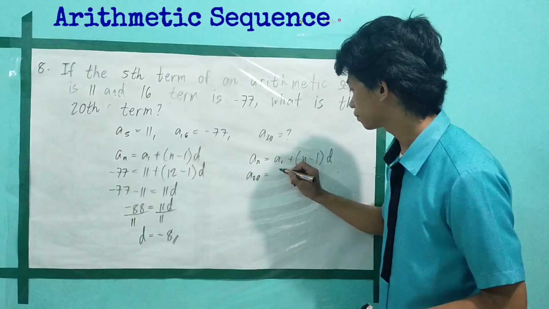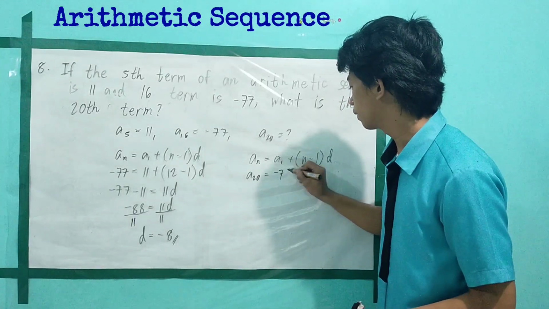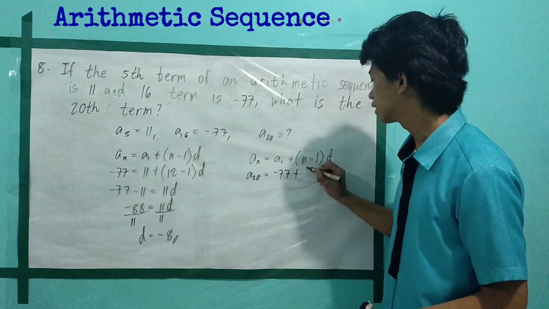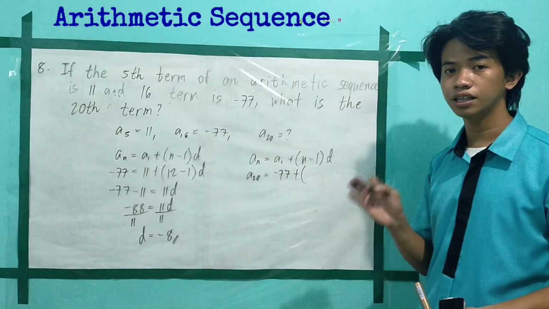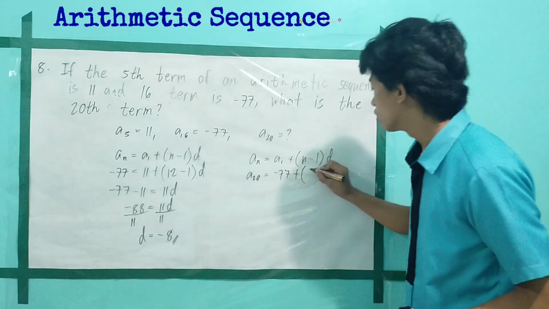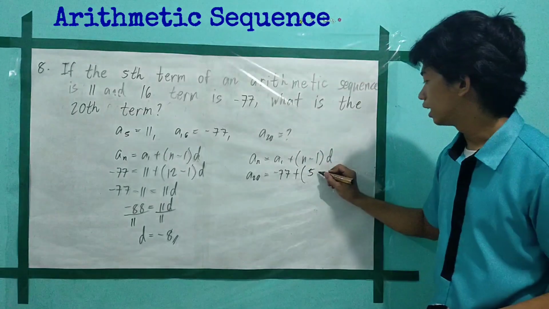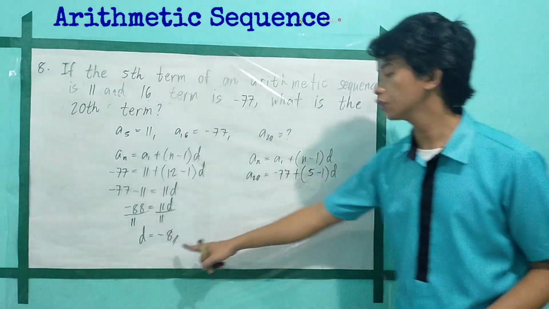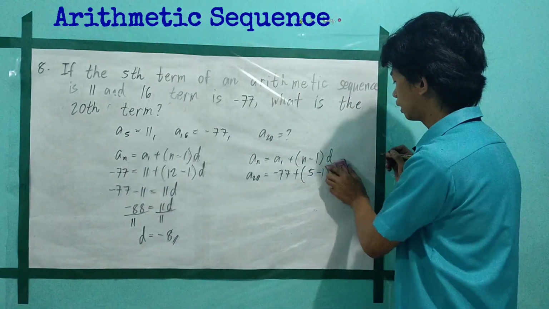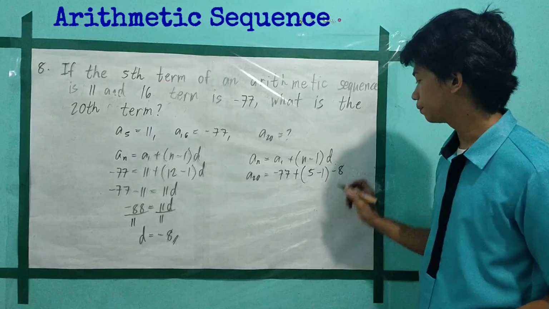So, we have negative 77 plus, how many terms do we have from 16 to 20? 16, 17, 18, 19, 20. We have 5 terms. Less 1 multiplied to the common difference. Ano yung common difference natin? We have negative 8. Palitan natin.